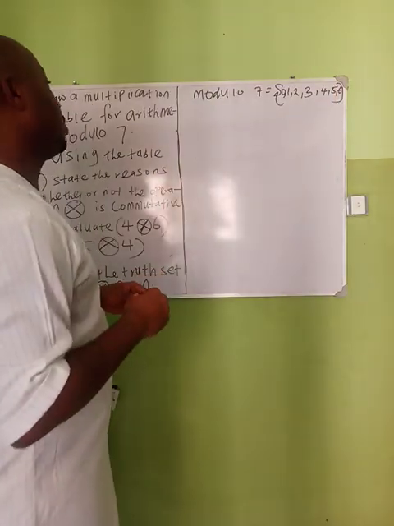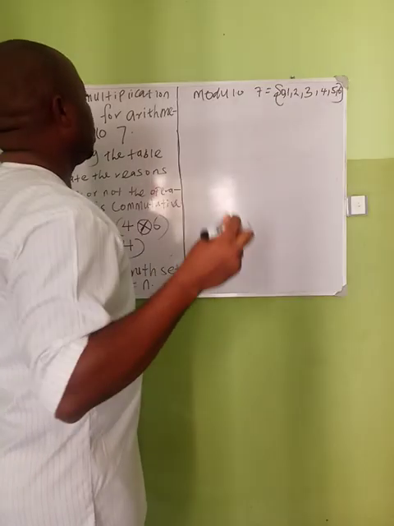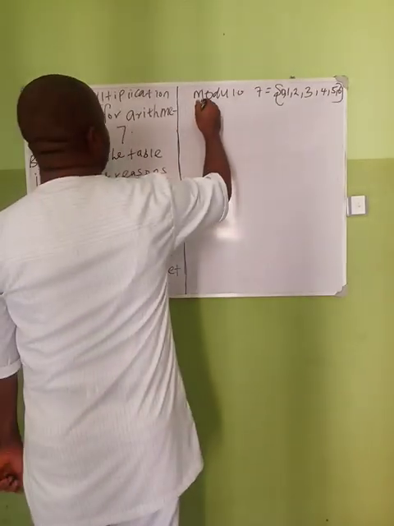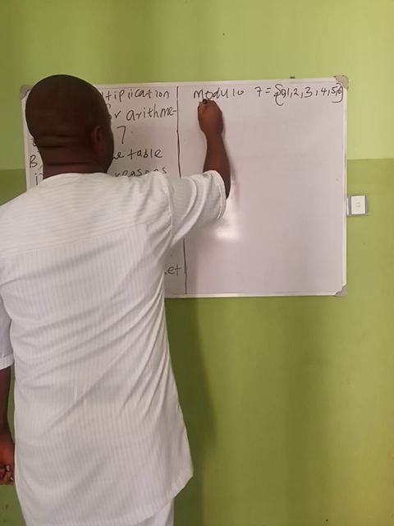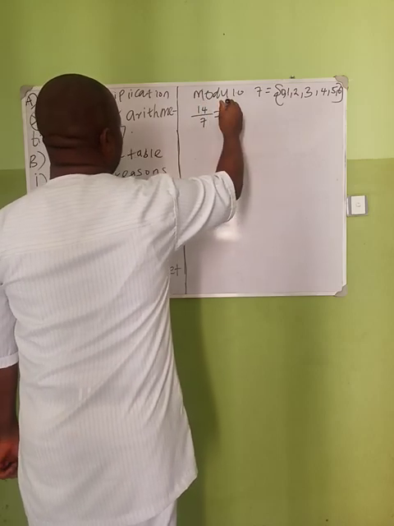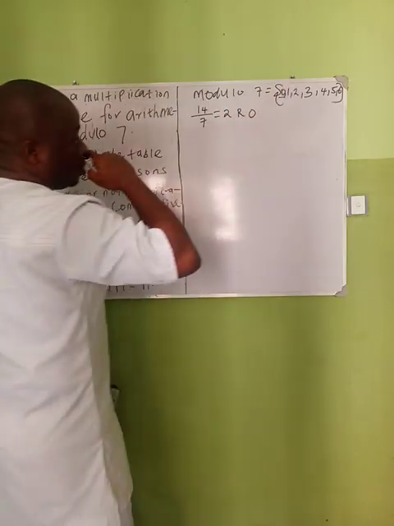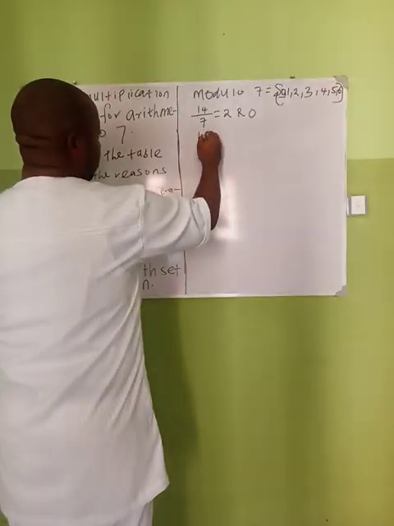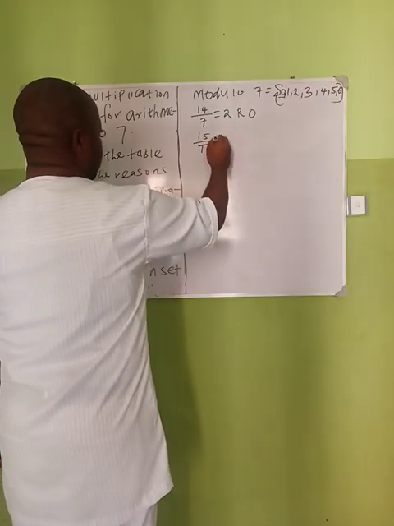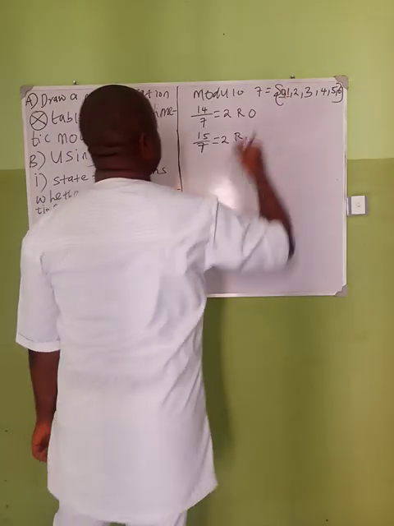Okay, why do we have this? Let me explain. For example, if I have 14 and I'm dividing it by 7, it's going to give me 2 remainder 0, hence the 0. And if I have 15 divided by 7, it gives me still 2 remainder 1, hence this 1.